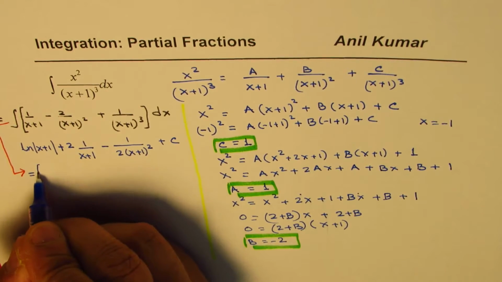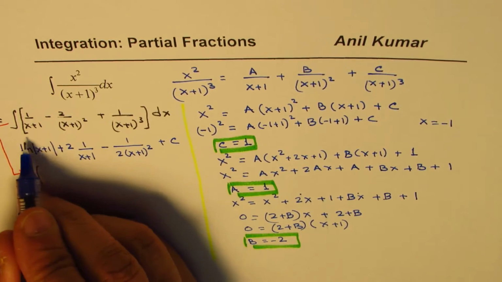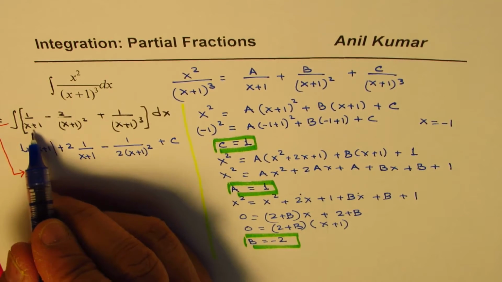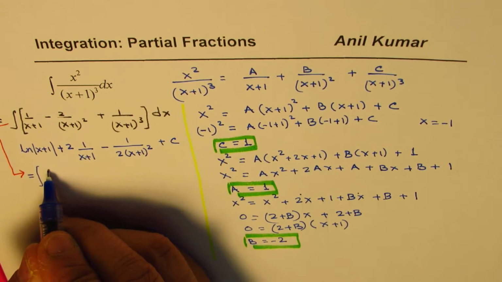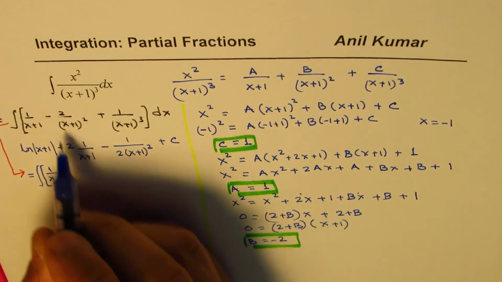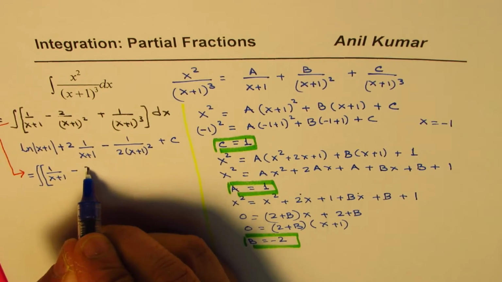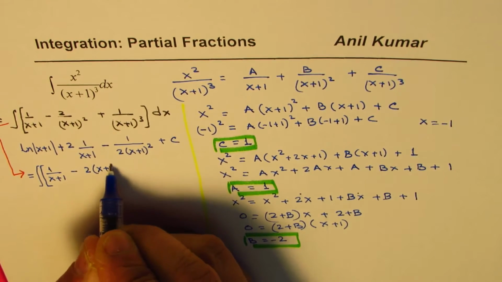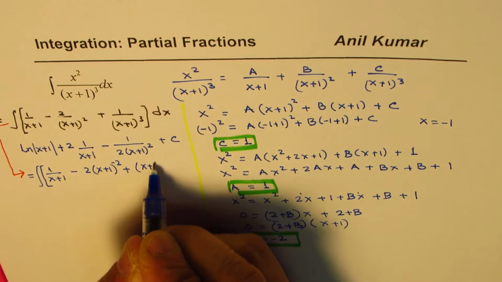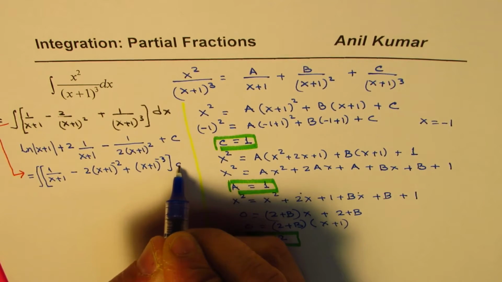The first one is okay: it is 1 over u, and du is dx. So let me write this as 1 over (x plus 1), and here minus 2 times (x plus 1) to the power of minus 2, plus (x plus 1) to the power of minus 3, all this dx.